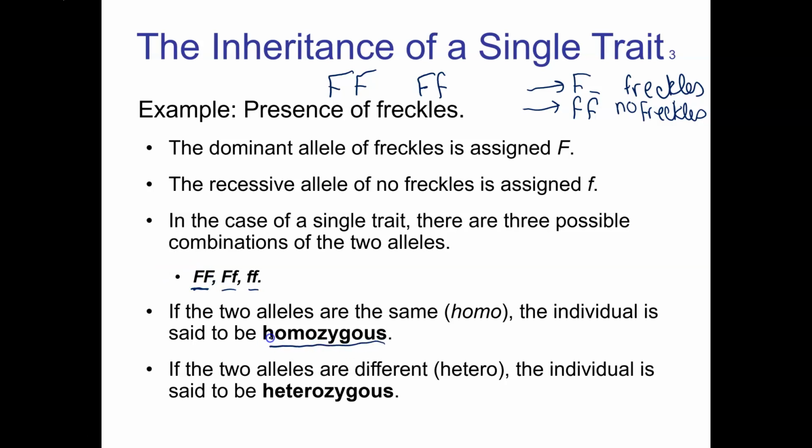Homo means same, so homozygous is the same alleles. If we have a big F and a little f, like this middle one, then we are hetero, meaning one of each, or different, zygous. So we have one of each allele, or we have alternate alleles, okay?